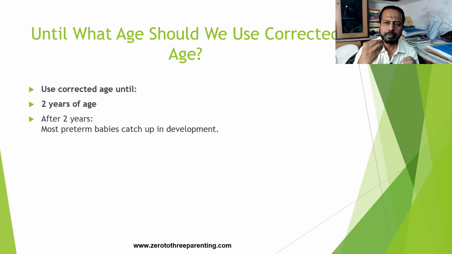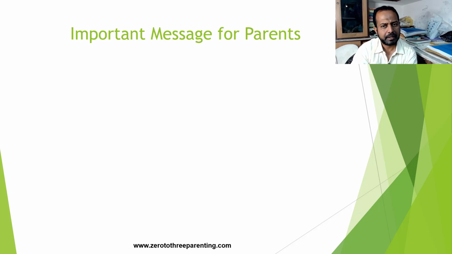If you provide proper assistance, proper nutrition, proper stimulation activities, and proper care for the child, most preterm babies are going to attain their normal age. Then after 2 years we use only actual age.